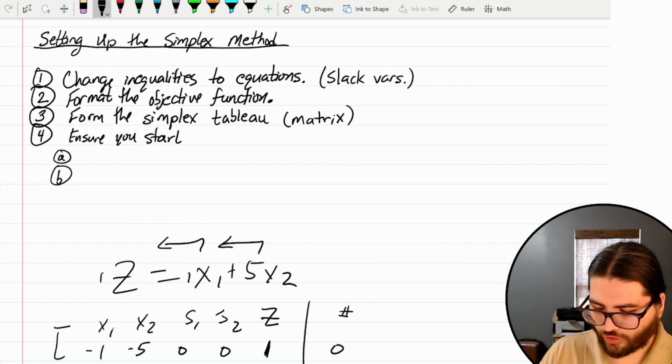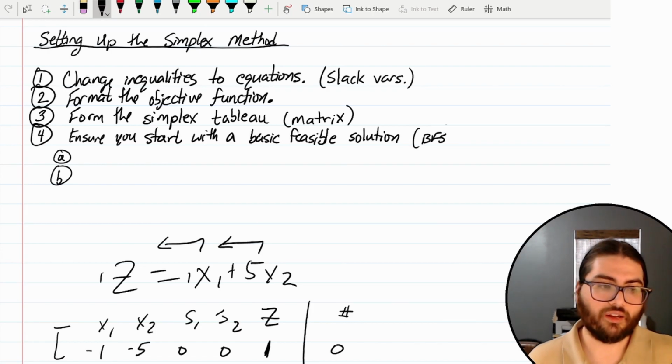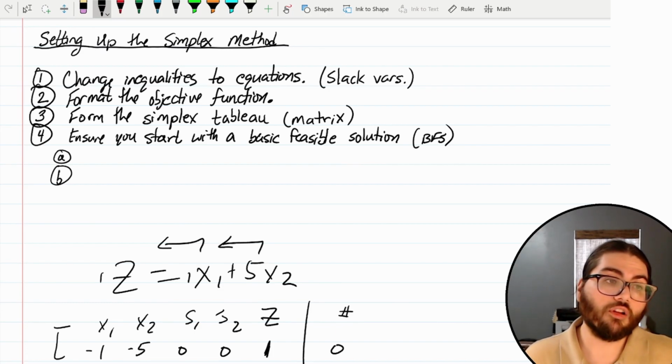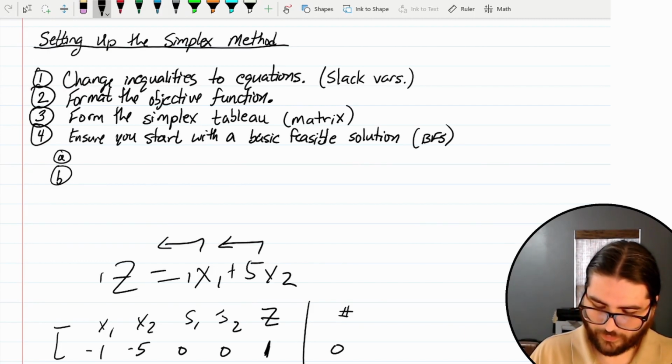And we need to start with a basic feasible solution. So I can't go into the simplex method and start working with it until I can be sure that we start with a basic feasible solution. Remember, that means that I have all of my inequalities being satisfied. All of my variables must be positive. Okay.